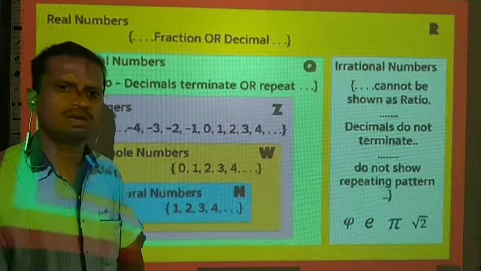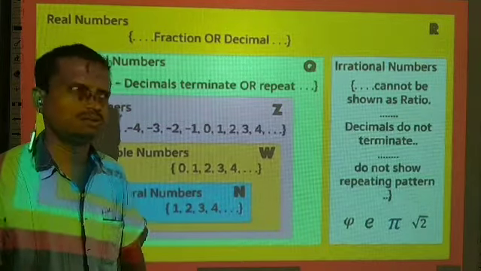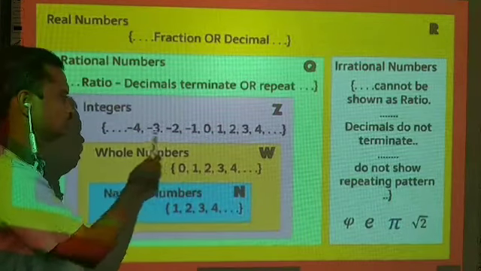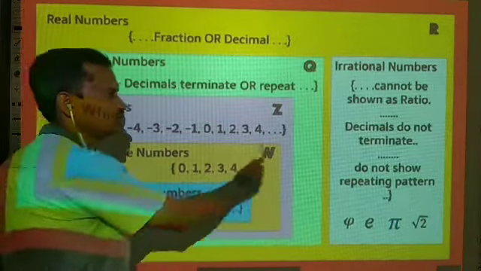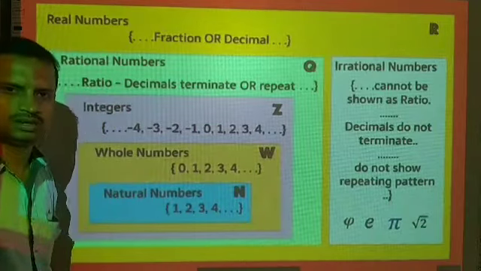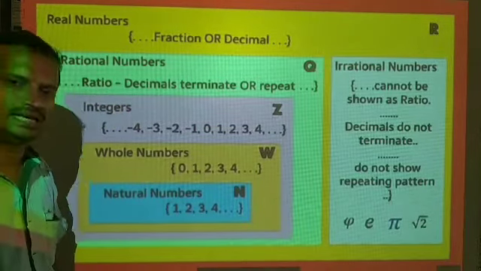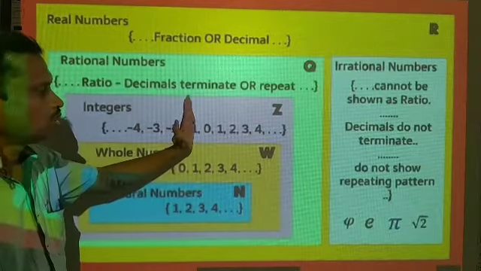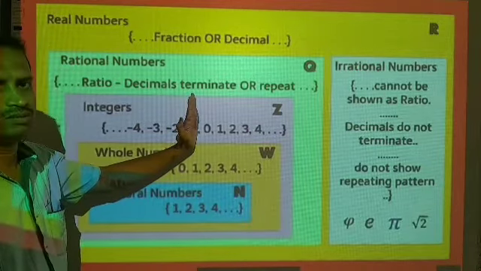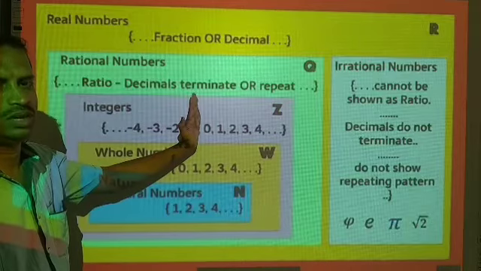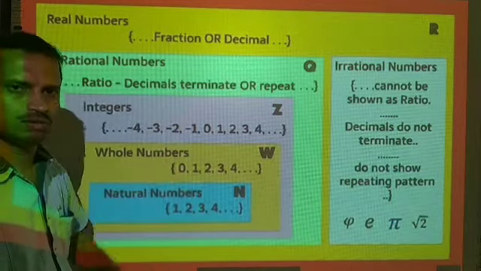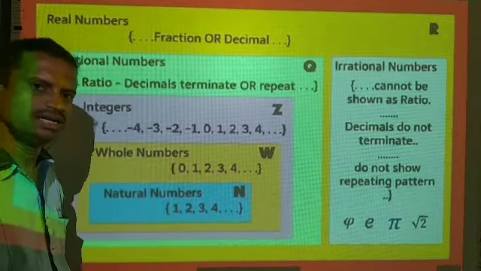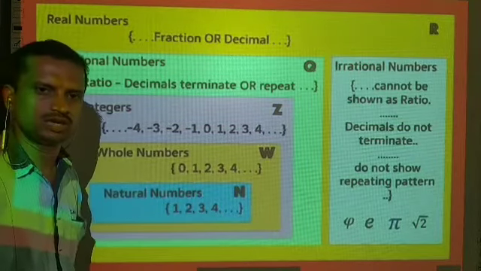In the number line, in 8th standard itself, in the center we put 0, with negative numbers on the left side and positive numbers on the right side. So another way you can say: 0, 1, 2, 3 are whole numbers, and whole numbers and negative numbers combined to form integers. So this is another way of explanation.